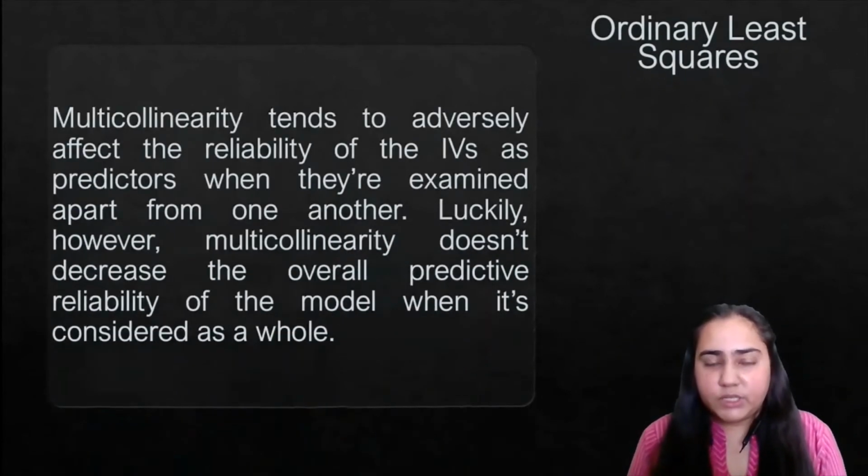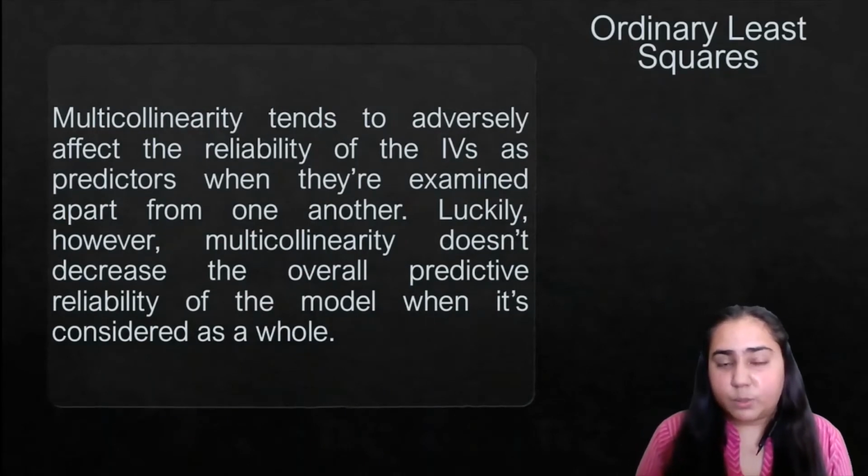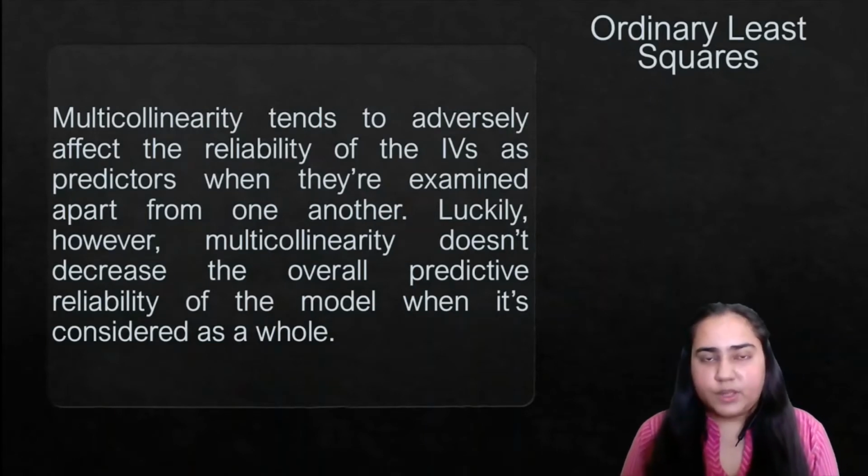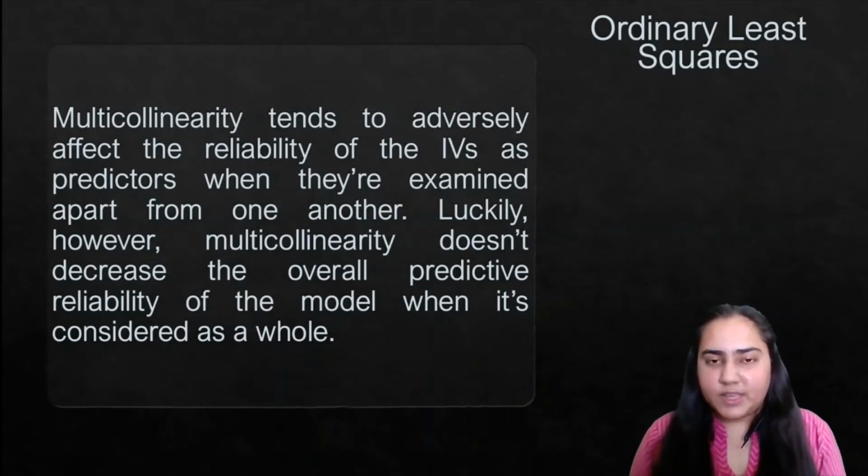So let's see a little bit more about that. Multicollinearity tends to adversely affect the reliability of the IVs as predictors when they are examined apart from one another. So if you try to examine these variables apart from one another and try to predict how each variable affects the dependent variable separately, then that would affect the reliability of your independent variables.